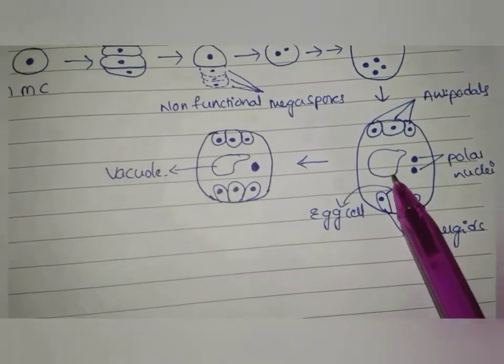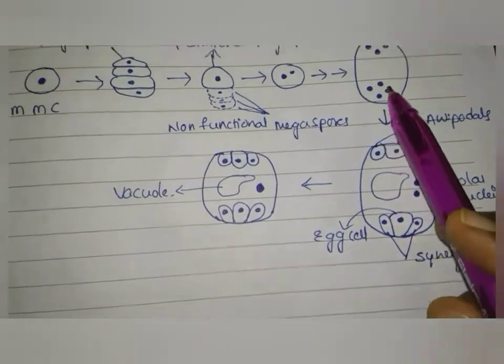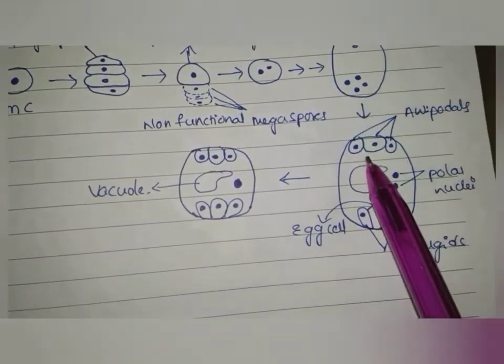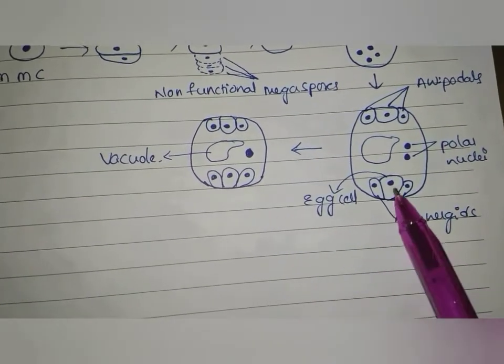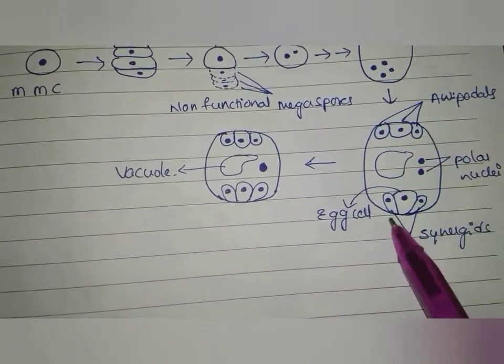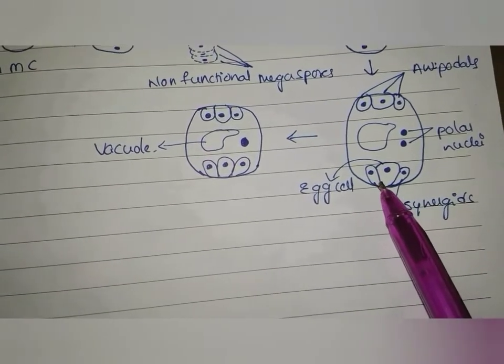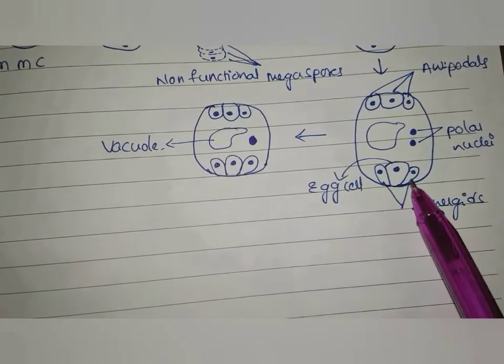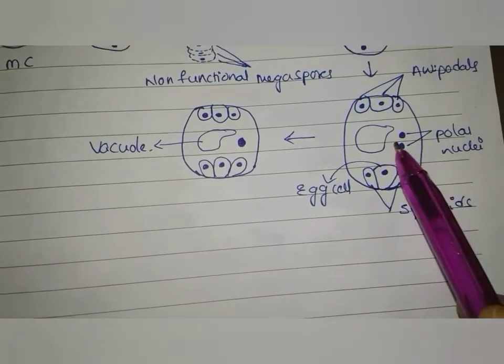This is then modified by cellularization. Here, out of the four nuclei at the chalazal side, three form the antipodals, and out of the four nuclei at the micropylar side, three cells form: two cells become synergids and one cell becomes the egg apparatus.